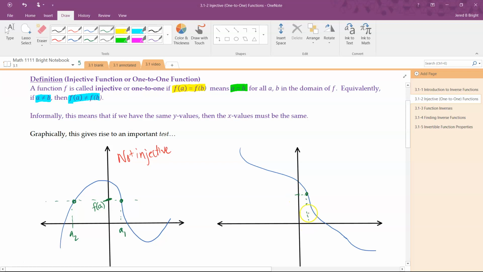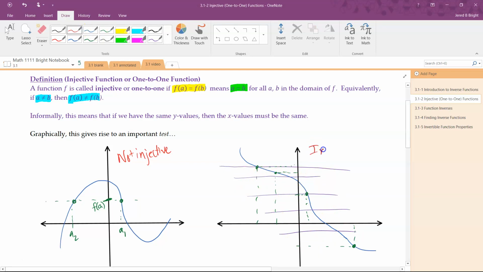Conversely, if we do the same thing over here, for a single y value, there's only one x, and I can test many different cases, right? If I go over, I would hit here, and if I go here, I hit there. So, in other words, what I could see is if I were to take a horizontal line, in addition to passing the vertical line test for a function, it would pass the horizontal line test.